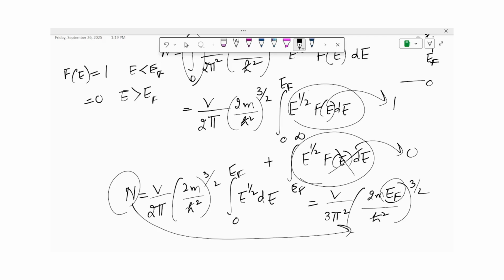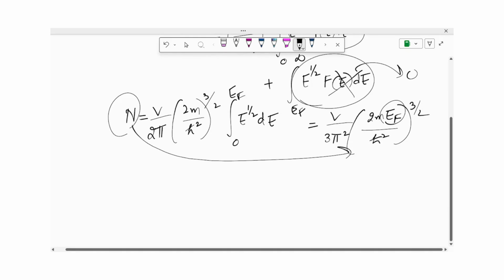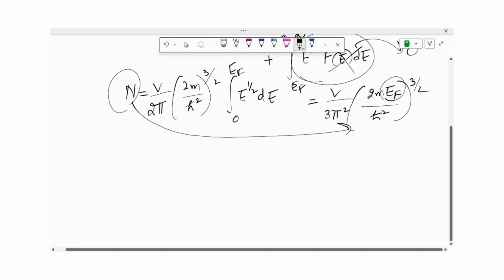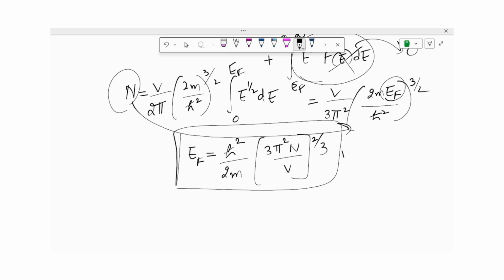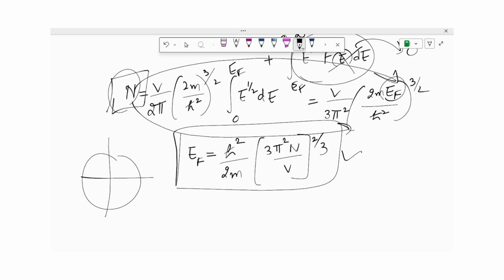And from here, EF can be written as h cut square over 2m, 3 pi square N over V to the power 2 by 3. So this is the energy of the Fermi level, and this is the number of electrons in terms of Fermi energy. These expressions we can calculate directly from that k-sphere also and from the Fermi function also.